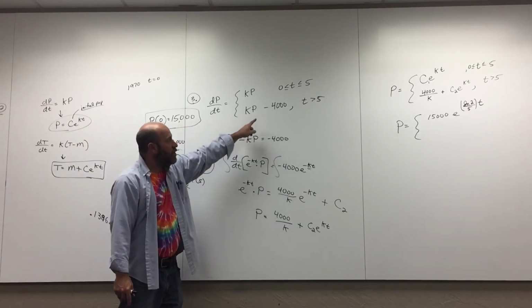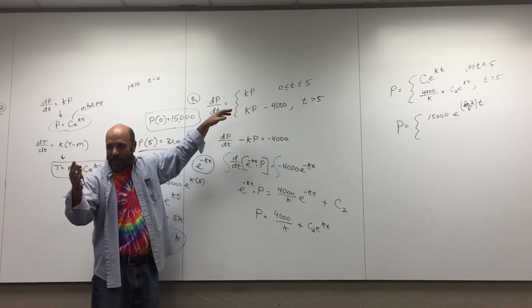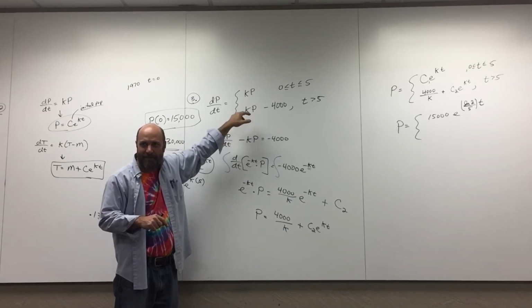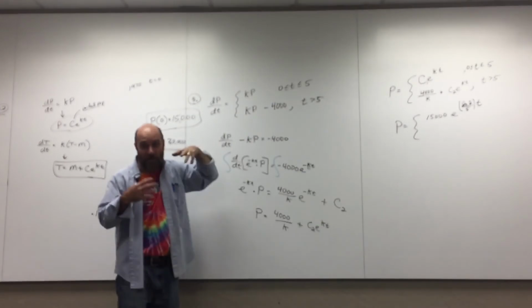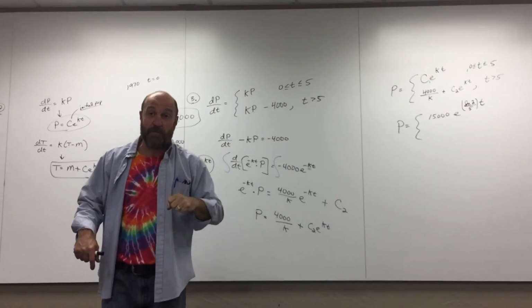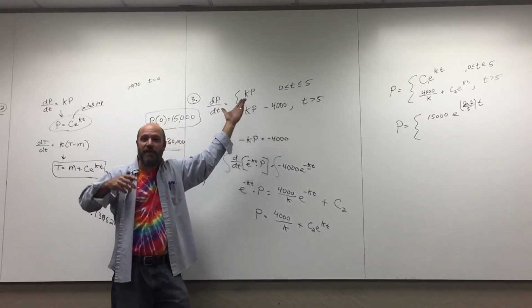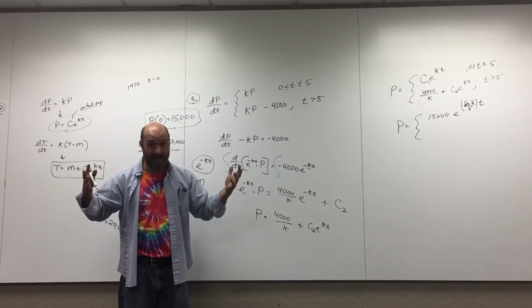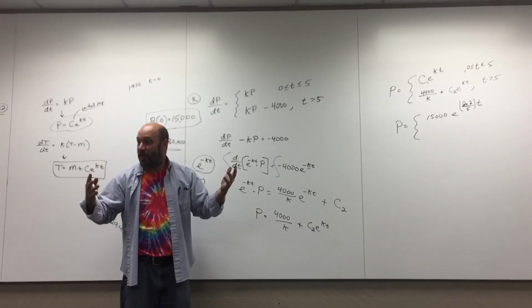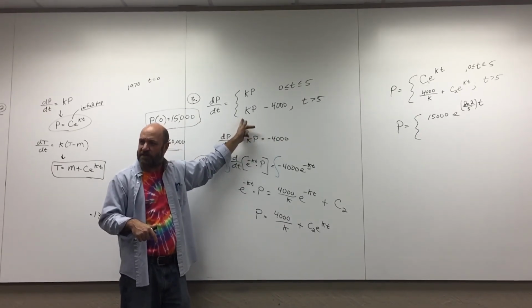In the second piece of the equation, there's K, and maybe you've already thought this out, but it's the same K. I don't have enough information to attack this problem if it was a different K. But I'm going to assume it's the same K, because K has to do with the rate at which the mice are doing their thing. Even though the cat is now killing 4,000 mice per year, the growth rate is still the same K, I believe.